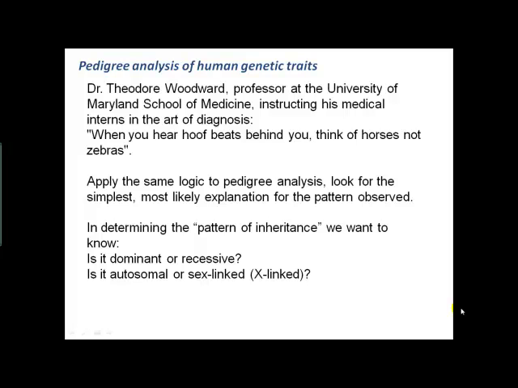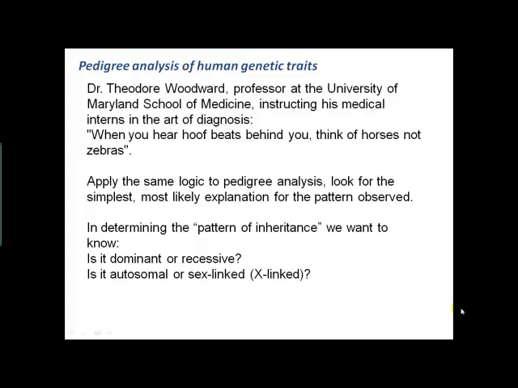So to begin, I just want to remind you of a basic scientific principle that we've talked about in the course before, but is particularly applicable to pedigree analysis, and that's the idea of parsimony, looking for the simplest possible explanation for the phenomenon under observation. In this case, the phenomenon is the pattern of inheritance observed in a family tree.